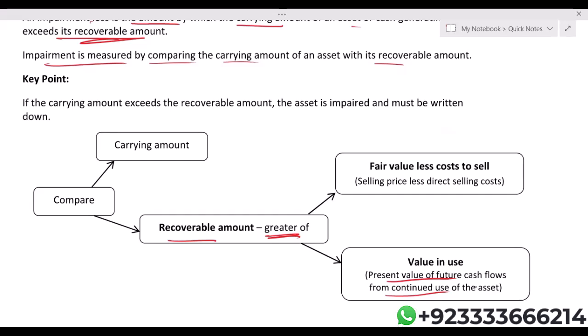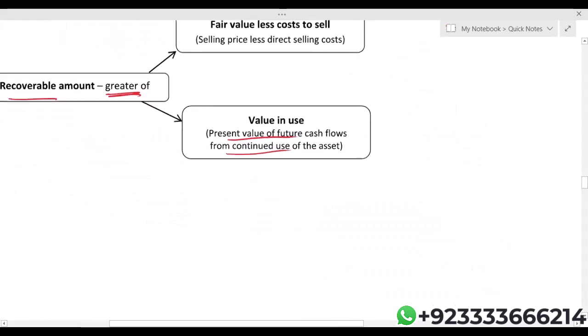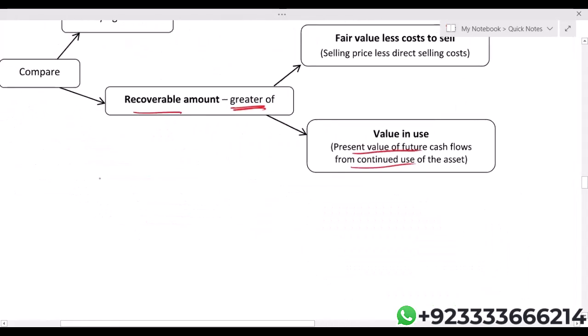Now the question is, what is the list of assets that fall in the scope of IAS 36? It's very simple. Let me tell you. There are two ways to memorize the scope. One is to memorize the list on which IAS 36 is applicable. But I always feel you should try to memorize the list on which IAS 36 is not applicable.